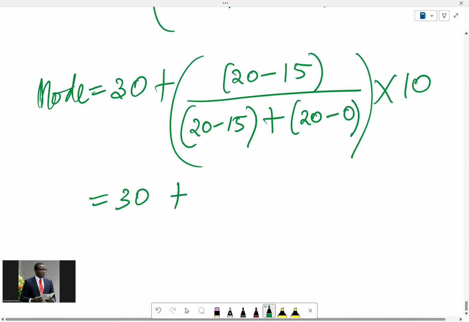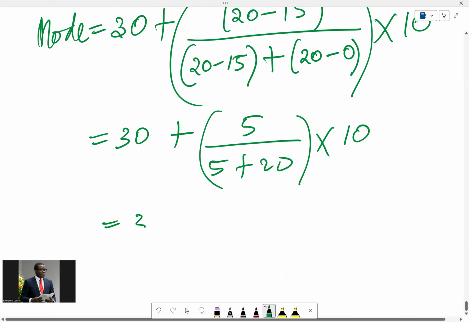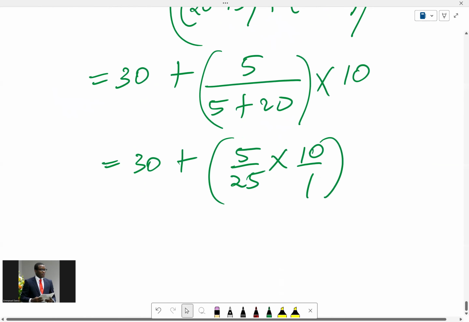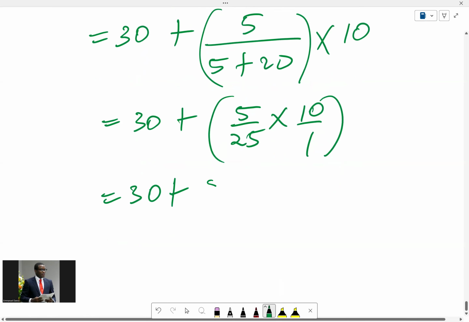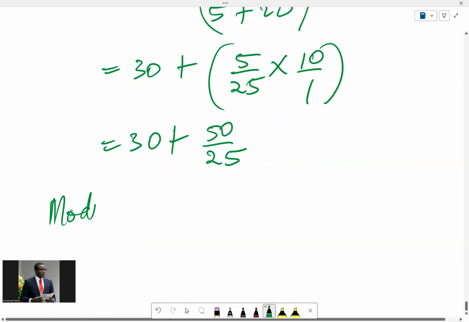So this is 30 plus 20 minus 15 is 5, divided by 5 plus 20, multiplied by 10. So you have 30 plus 5 over 25 times 10 over 1. That's 30 plus 50 over 25, and 50 over 25 is simply 2, so that is 30 plus 2.